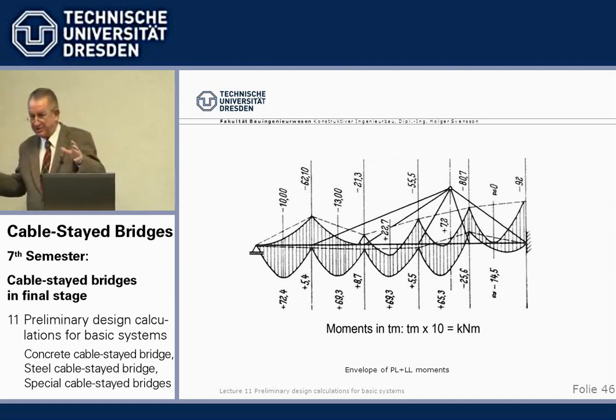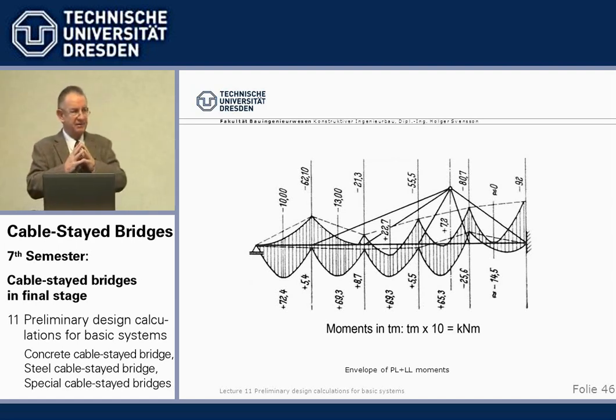For a steel bridge, we do not have the problem of creep of moments. So, we go for the absolute minimum of steel quantity and choose a run of moments under permanent loads in such a way that in superposition with the live load moments, we have a minimum of steel required.